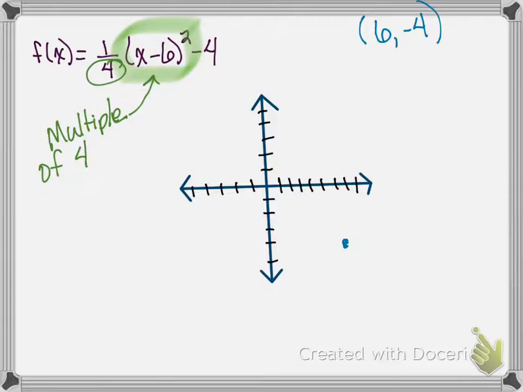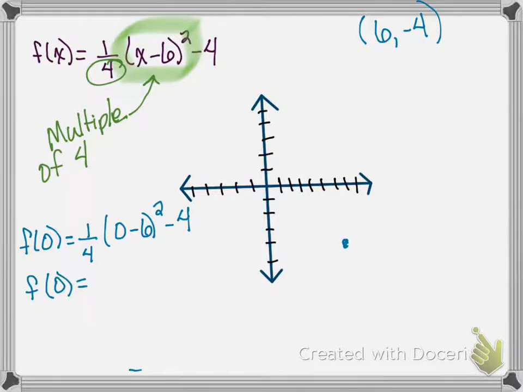You could plug 0 in. It's not a problem. And actually, I think the y-intercept gives us a somewhat reasonable answer. So let's do f of 0. f of 0 equals 1/4 times (0 minus 6) squared minus 4. What's 0 minus 6? Negative 6.